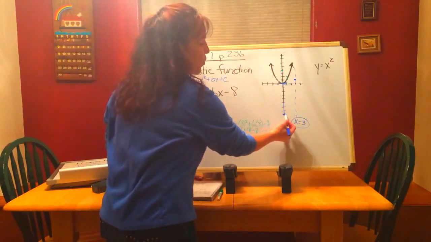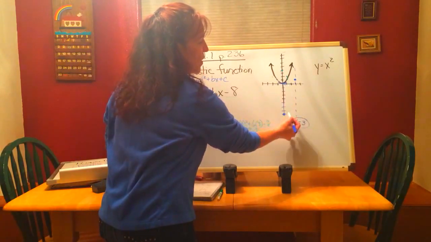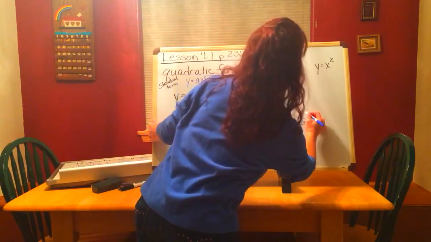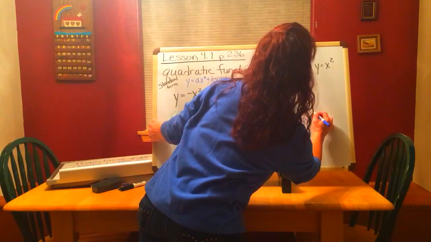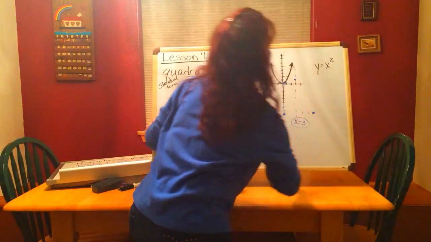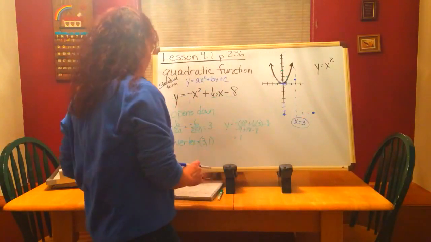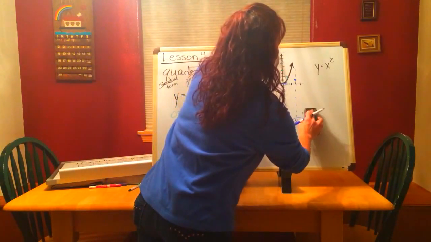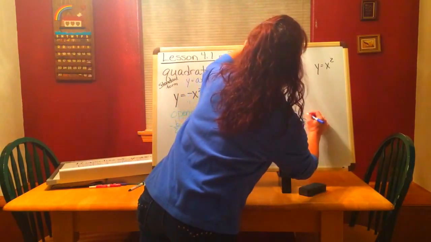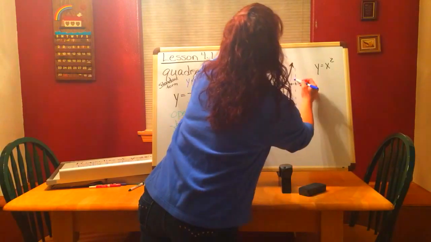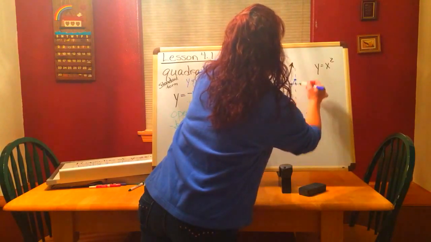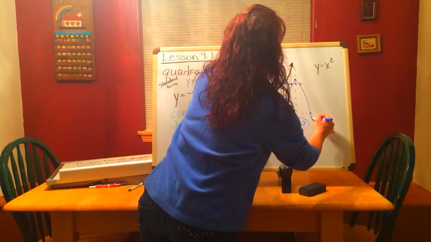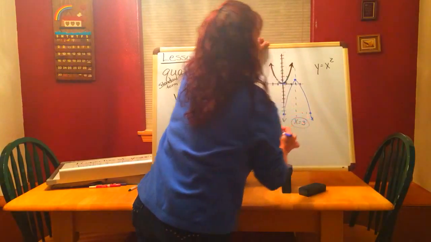So if we have a point here, we go 1, 2, 3 this way, and then 1, 2, 3 this way. So we're going to have a point equidistant on that. Oh my goodness, my points are not the same distance apart. Okay. So then the parabola, zip, zip, is going to look like this.